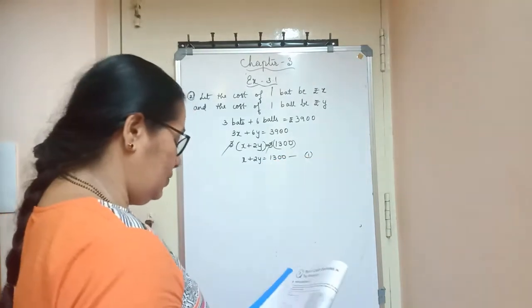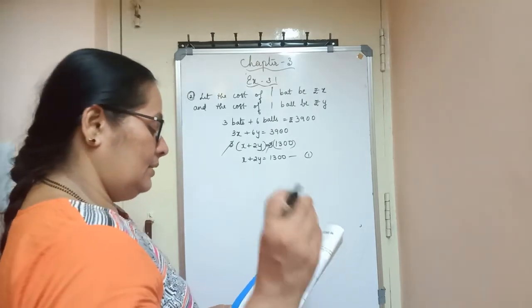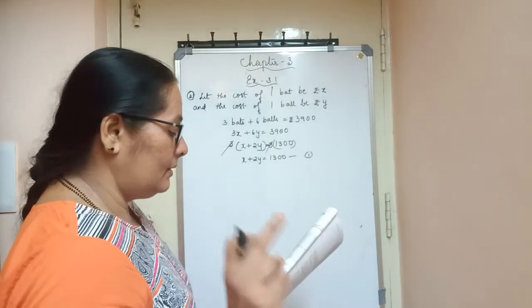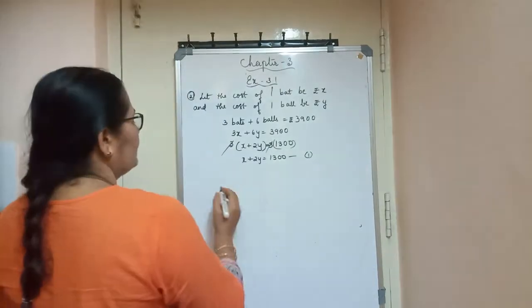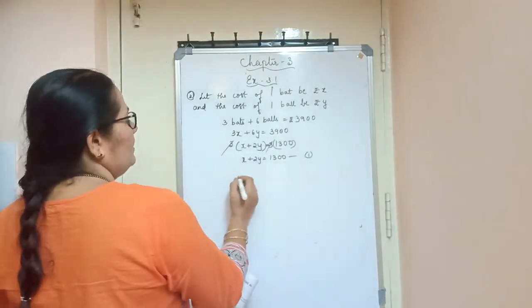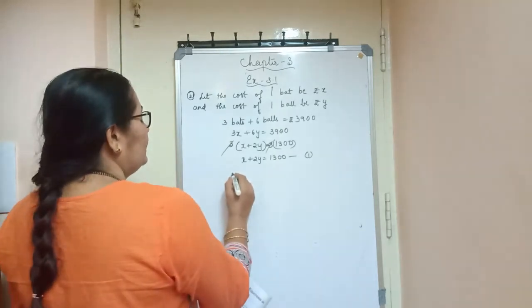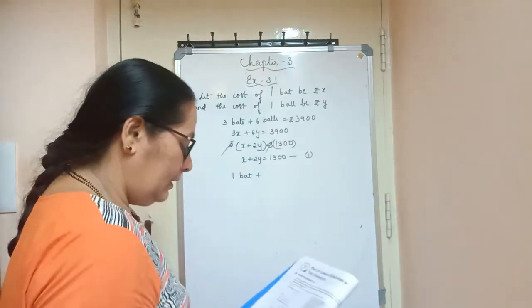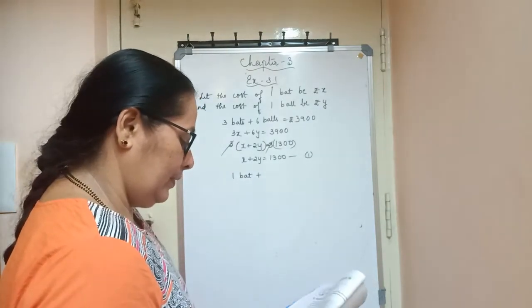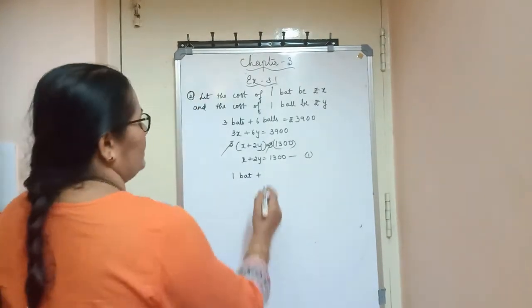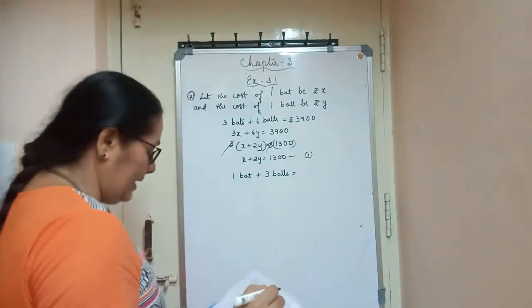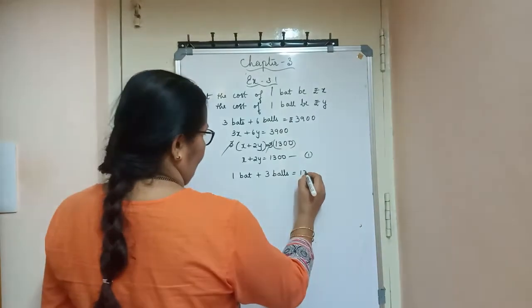Now, in the second situation, again she buys another bat, one bat and 3 more balls. So, after that, again she purchases one bat and 3 balls of the same kind for rupees 1,300.